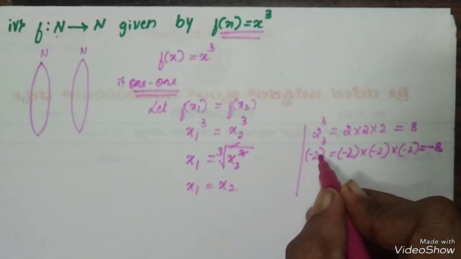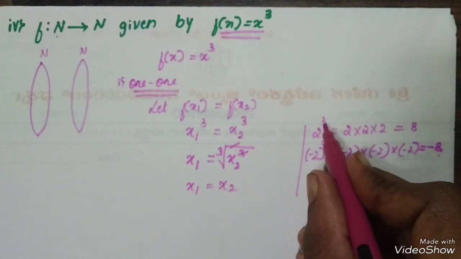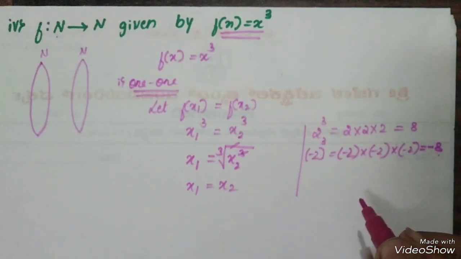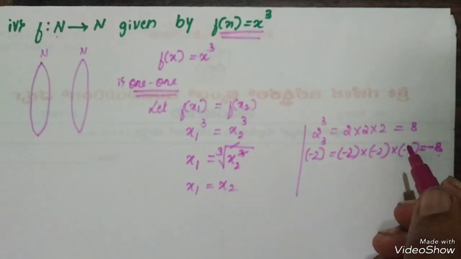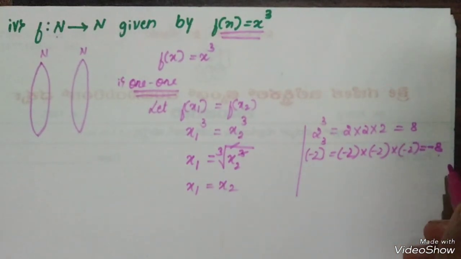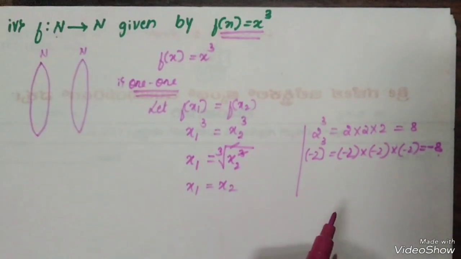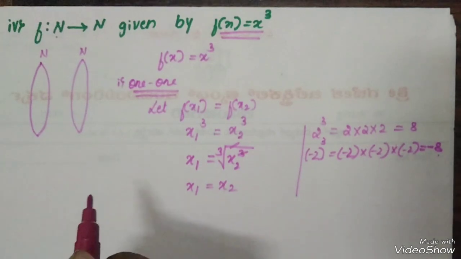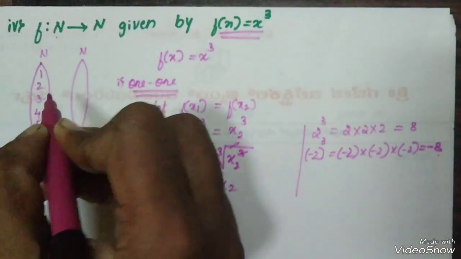The cube root of a negative value is negative, and the cube root of a positive value is always positive. Here, while taking a natural number, we get a natural number because natural numbers contain positive values, for example 1, 2, 3, 4, 5 and so on.